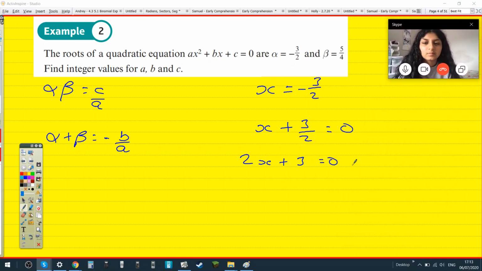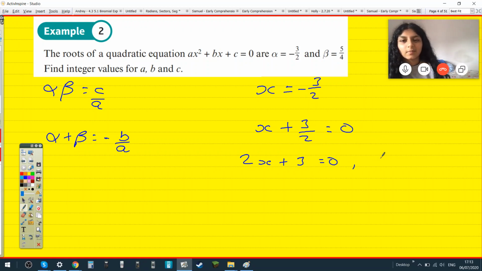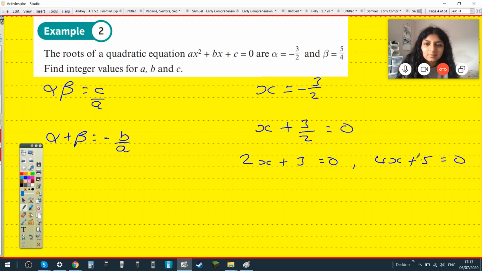And the other one? Oh, yeah. Okay. And then 4x plus 5. Is that right? And then just expand them.